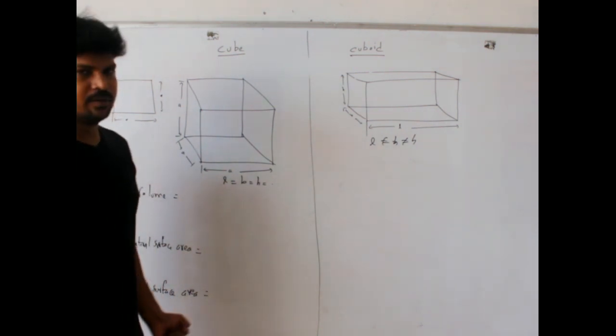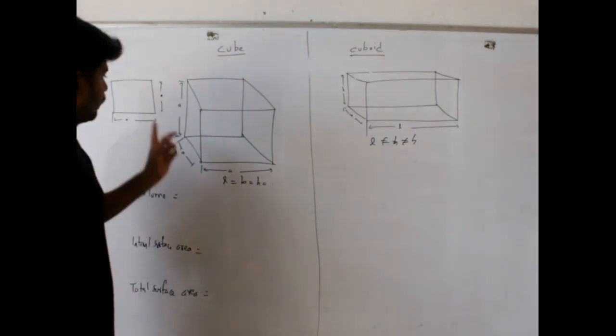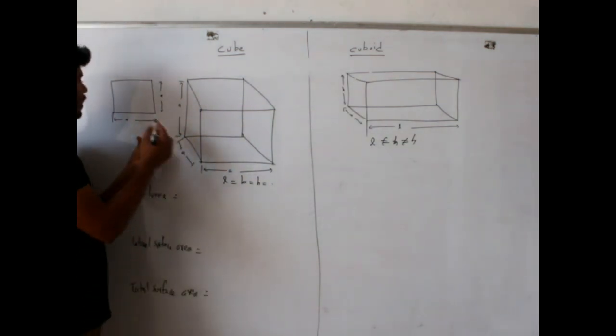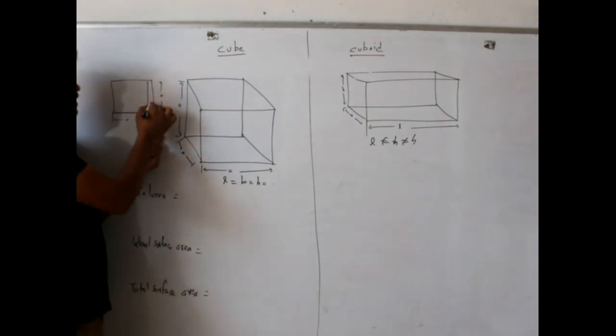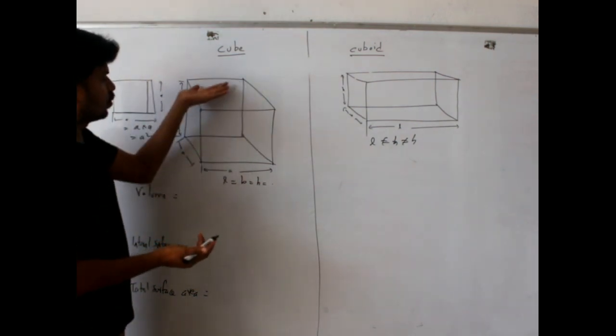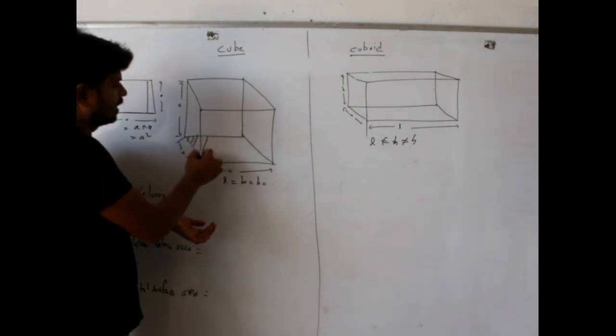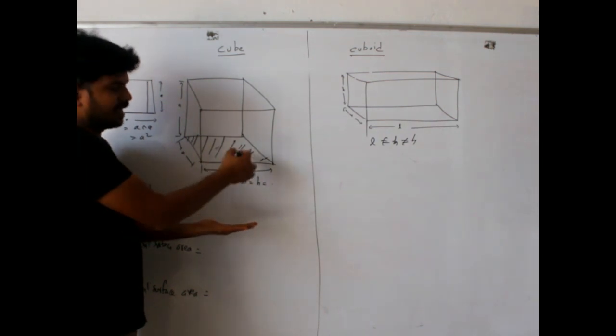In order to find volume, we follow the approach used in finding area. What approach did we follow in finding area? To find this area, we took a stick of length A and moved it in the vertical direction up to A length, and the total area is A into A, which is A square. So this is the area of a single plate. Now to form the volume, we require one single plate at the bottom whose area is A square.